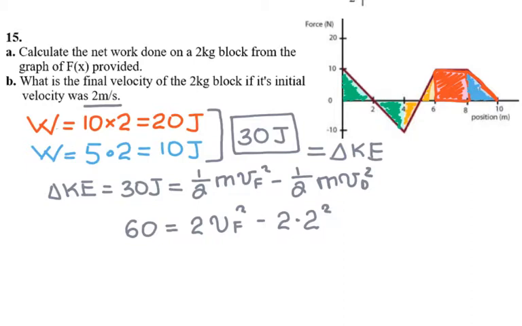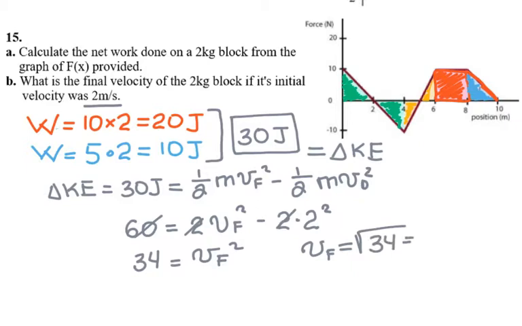If I divide them all by 2 now, I have 34 equal to v final squared. So the final velocity of the object is equal to the square root of 34, which is 5.83 meters per second.